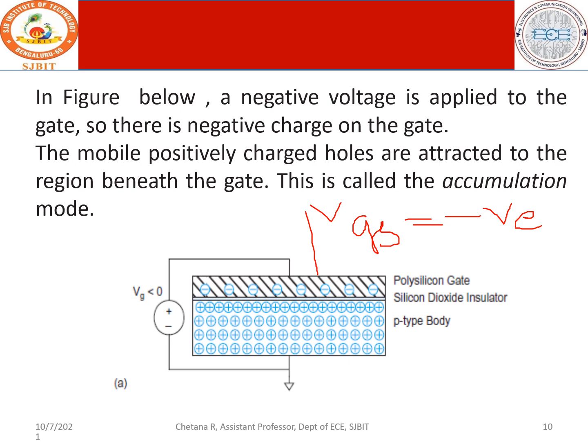But what is present in your body or substrate? Positive ions. So what is the influence of negative charge carriers in the gate and positive ions in the bottom layer? There is a tendency for these negative and positive charge carriers to get attracted. So this is the second stage. A negative voltage is applied to the gate, so there is negative charge on the gate. The positively charged holes are attracted to the region below the gate.